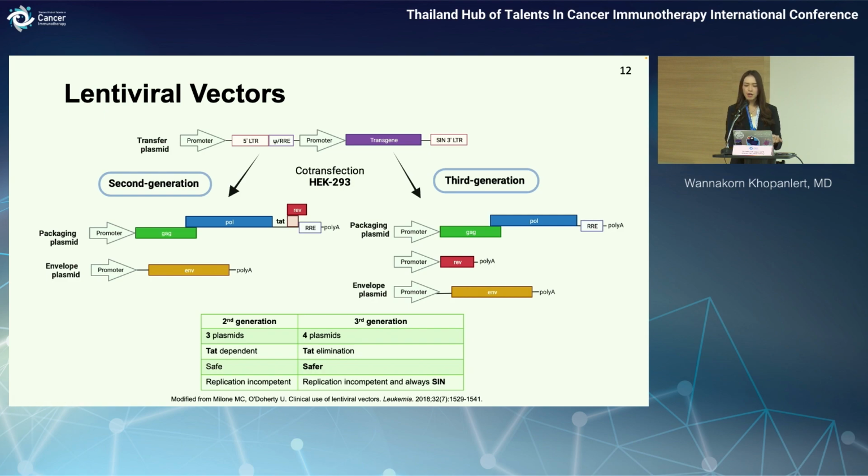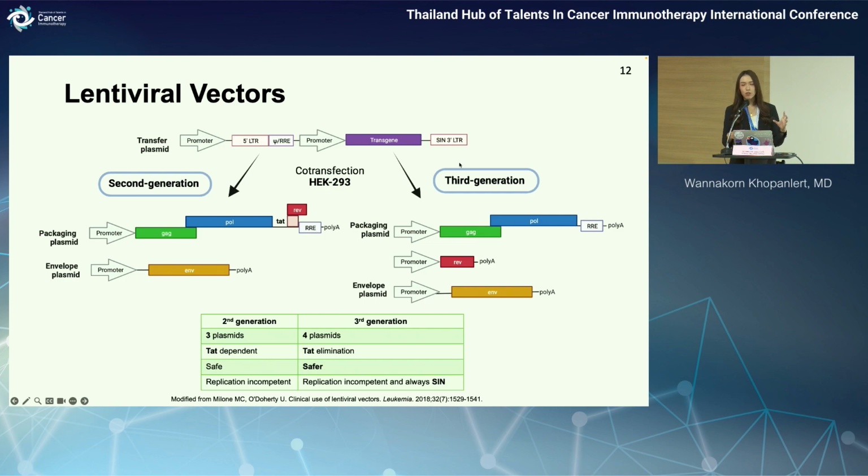And they deleted the regulatory gene, what we call the TAT gene, in the 3rd generation, which is responsible for natural HIV replication. The 3rd generation of lentiviral vectors always contains what we call the SIN, or self-inactivating, expression vector, which reduces proviral-mediated gene activation.